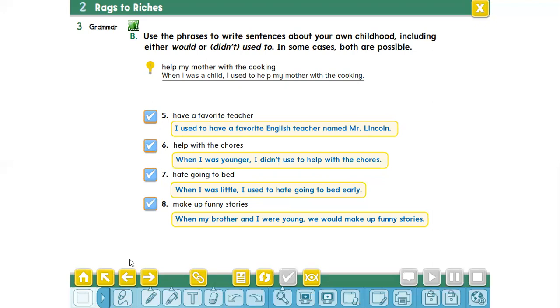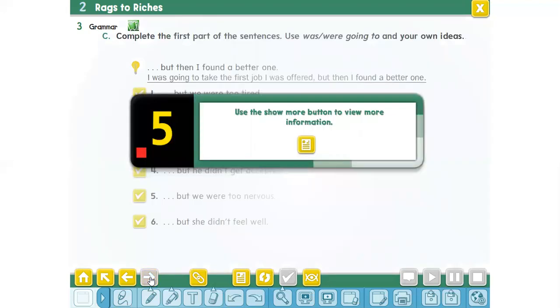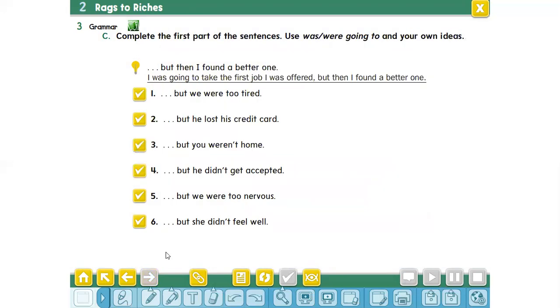You understand? Okay, exercise number C. Complete the first part of the sentence. Use was or were going to and your own ideas. Okay? Number 1, but we were too tired.